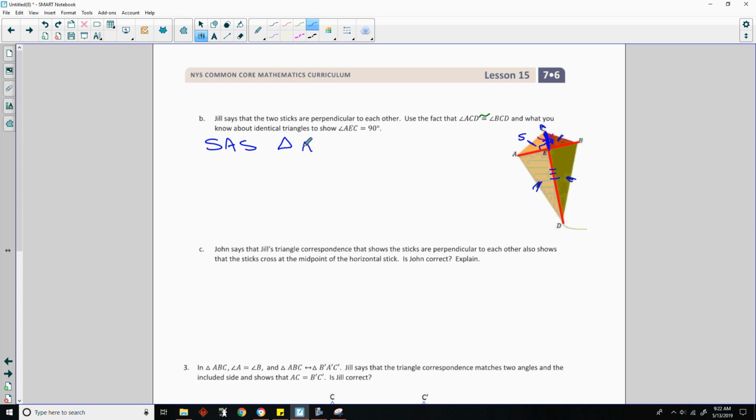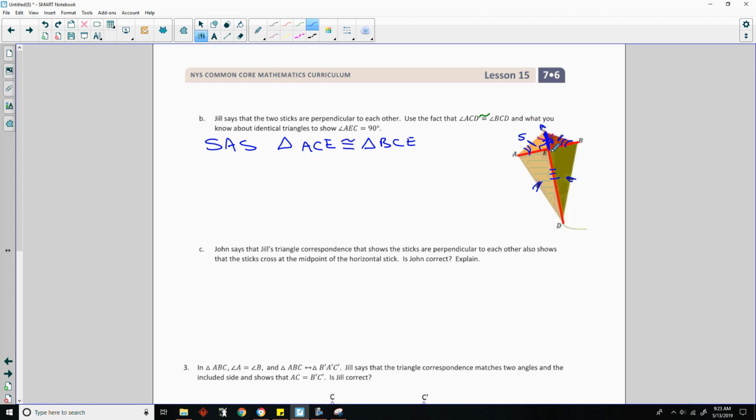triangle ACE is congruent to triangle BCE. And since the two triangles are congruent, then all the angles in the triangle must be congruent. So angle CAB is congruent to angle CBE.